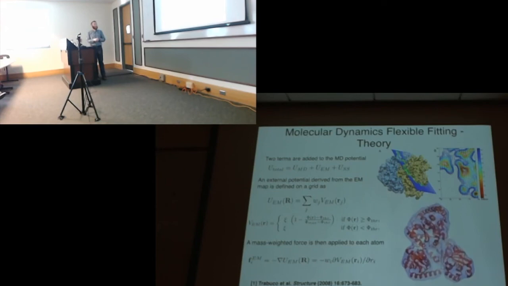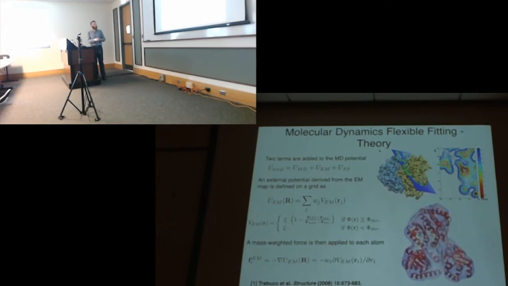Generally in this process, we define some sort of threshold, which cuts out a bunch of the noise, the contribution from the bulk solvent that's captured in the density map, and we invert the density so that you can drive the structure from regions of low density to high density.